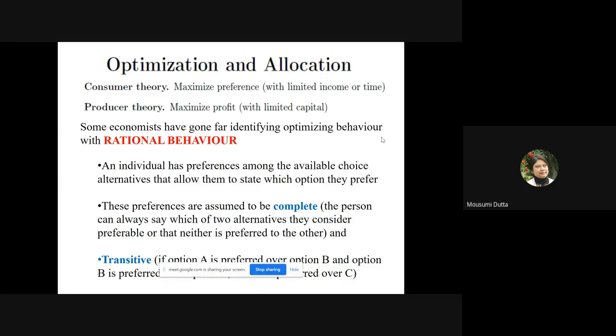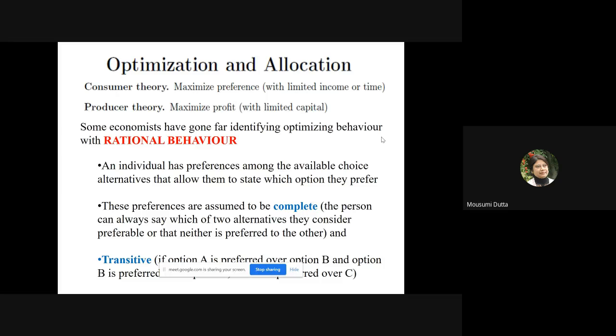Whatever the case, you will find that either you are maximizing something or you are minimizing something. So in economics, especially microeconomics, we consider different types of optimization. Some economists have gone so far as to identify optimizing behavior with rational behavior. In microeconomics, to begin with, we consider the individual to be selfish.